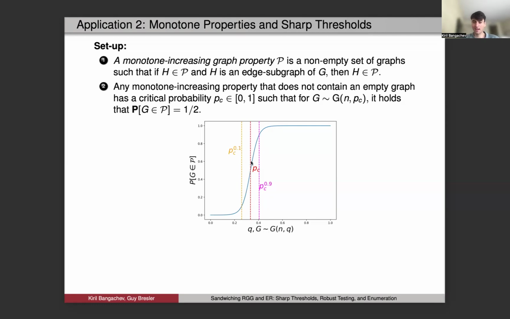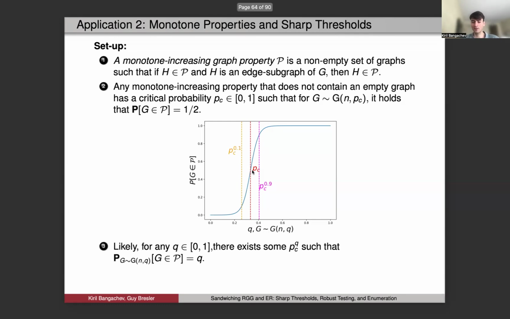And then the red line is the p critical. So if we draw with this probability, we'll satisfy the property exactly with probability half. Similarly, we are not restricted just to half. We can define it for any other probability. So for example, here we have the probability for satisfying with 0.1 and here with 0.9.